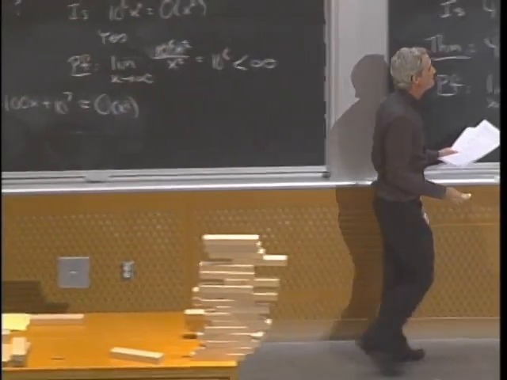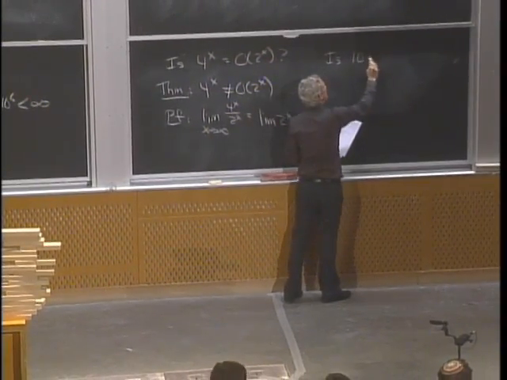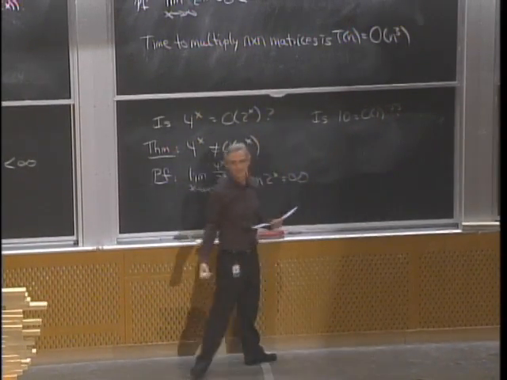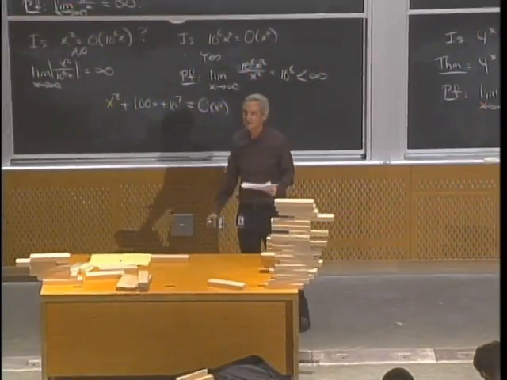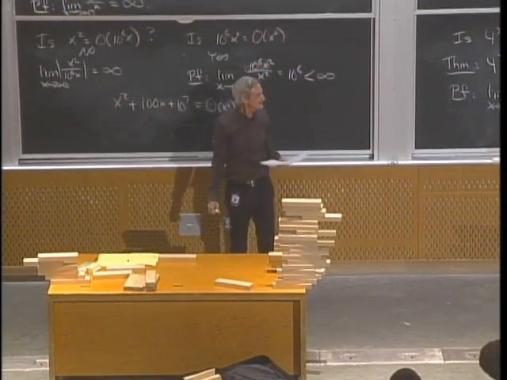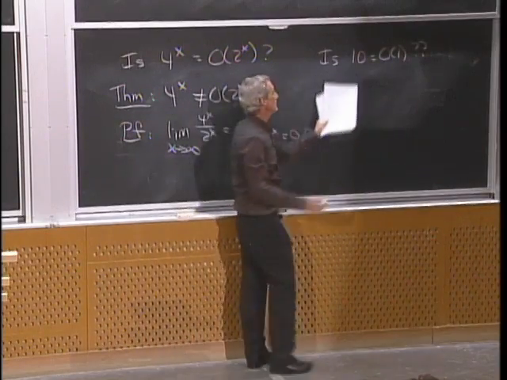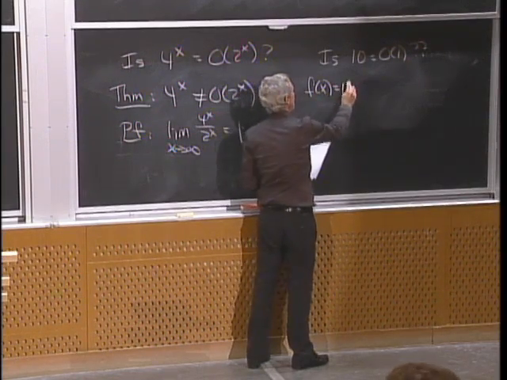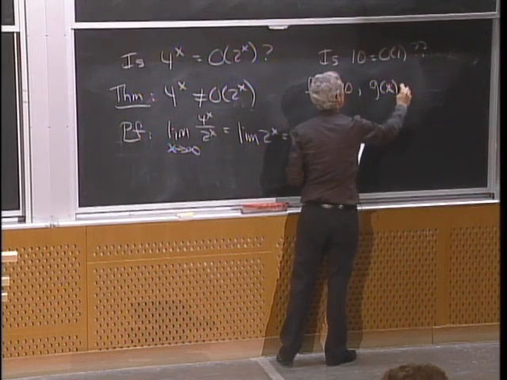All right, here's one. Is 10 O of 1? I've purposely written it this way. Yes, it is. The interpretation here is that you've got some function f of x that's always equal to 10, and some function g of x that's always equal to 1.